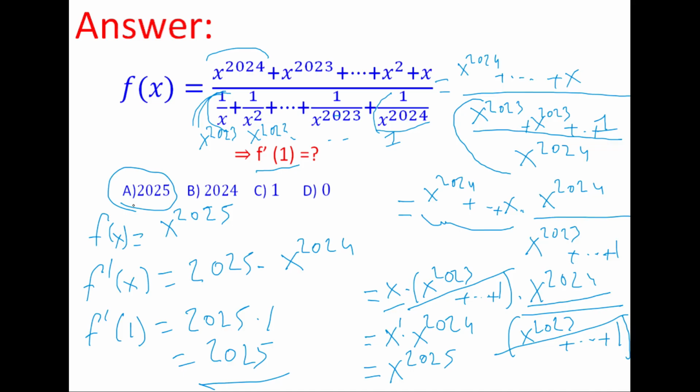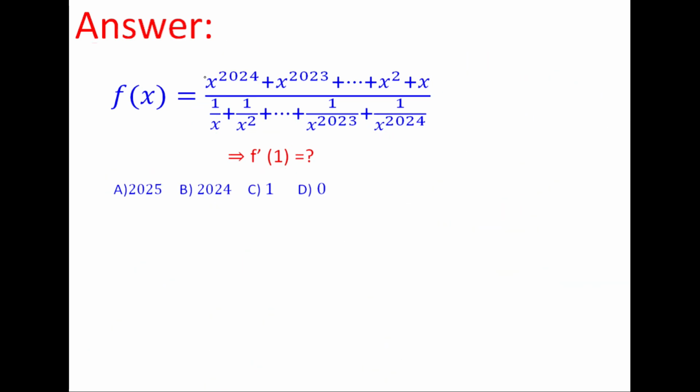There is a shorter way to solve such questions, guys, and let's take a look at it as well. If you realize, in the numerator part we have x to the power of 2024 plus up to x. There's a sequence actually, and we have a similar pattern in the denominator here, guys. So what if I multiply both numerator and denominator by x to the power of 2025? Once we do it, let's see what's going to happen.